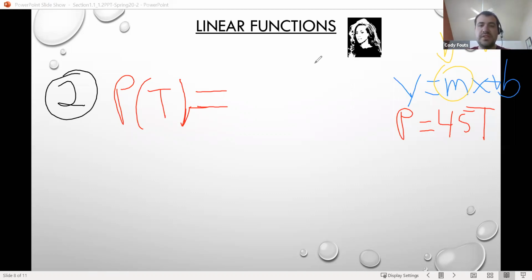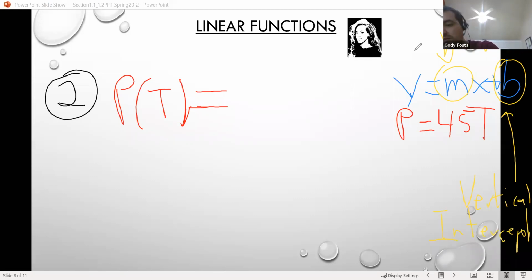And then the value for b, if you recall, b is our vertical intercept. In applied problems like this, remember the vertical intercept can also be our starting value.